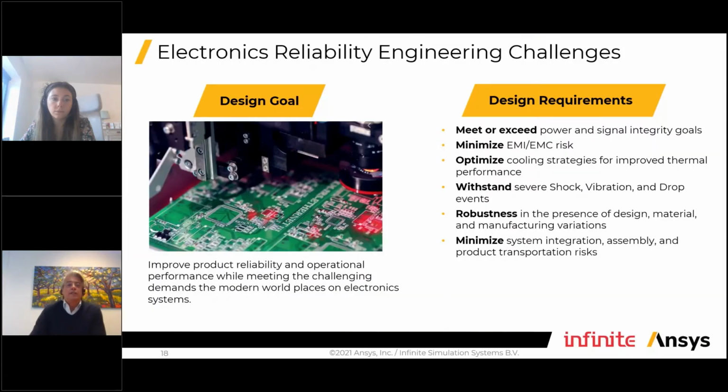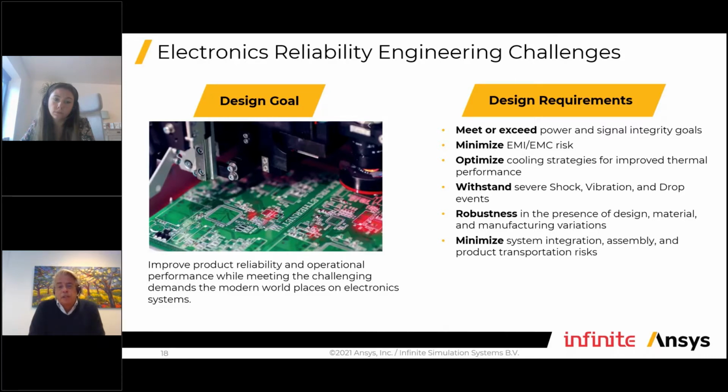In this example, if you look at your product reliability and your operational performance, demands are getting higher. So you have to look at your demands and meet or exceed, for instance, the power and signal integrity goals, and minimize the EMI and EMC risks. But you also have to optimize your cooling strategies, so you get better performance.